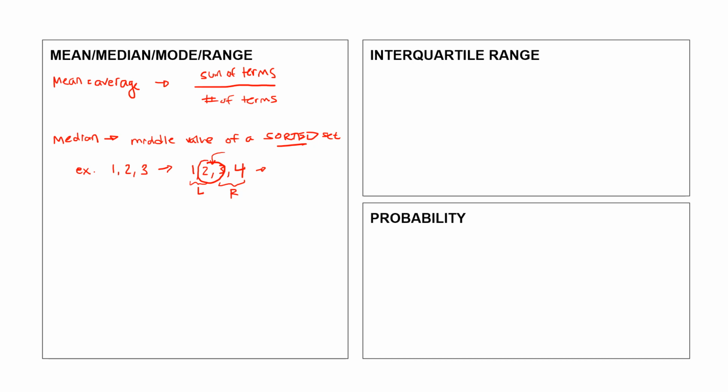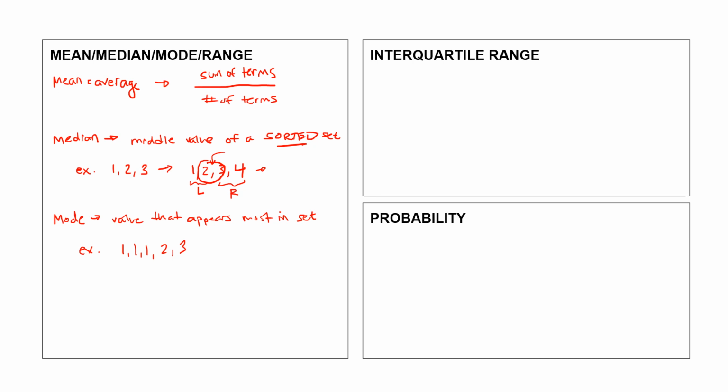So just to review now here, a mode is simply the value that appears the most in a data set. So you could have multiple modes. It might be a multimodal data set. So you might have 1, 1, 1, 2, 3.